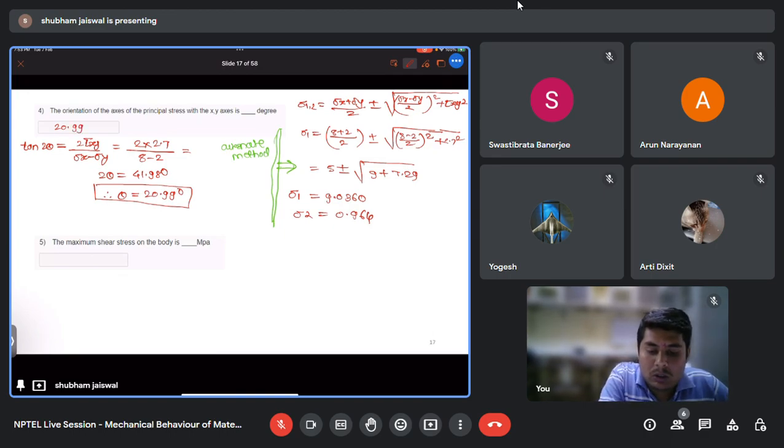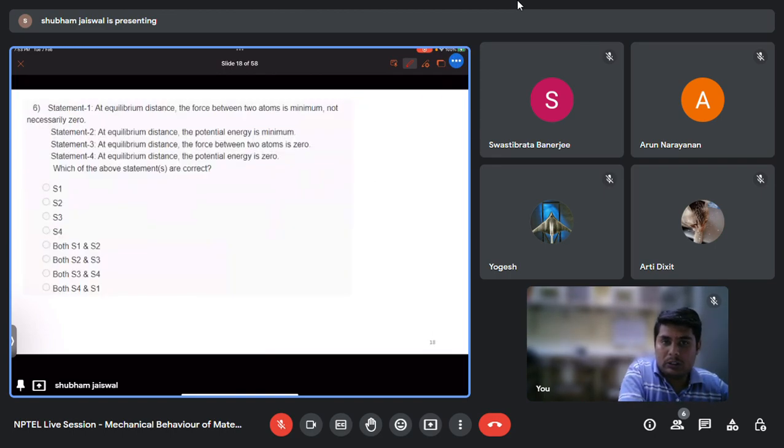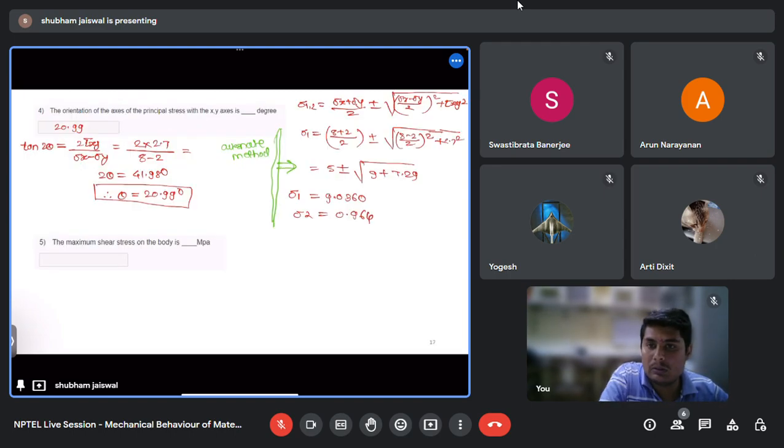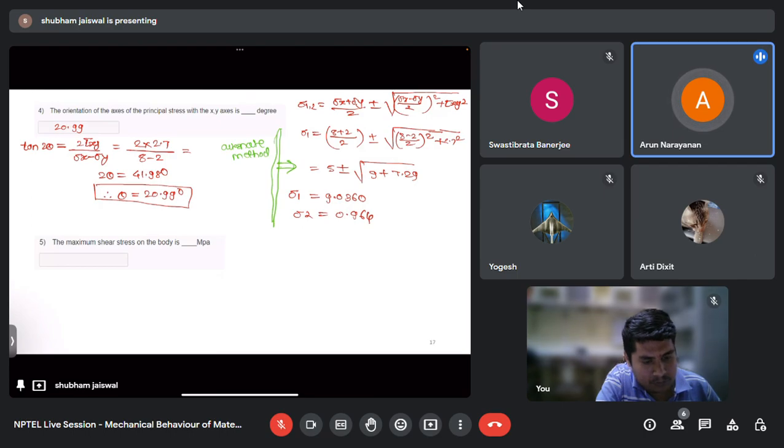Now what they have asked is tau max, the maximum shear stress on the body in MPa. So how can we calculate? Sigma 1 minus sigma 2 by 2.